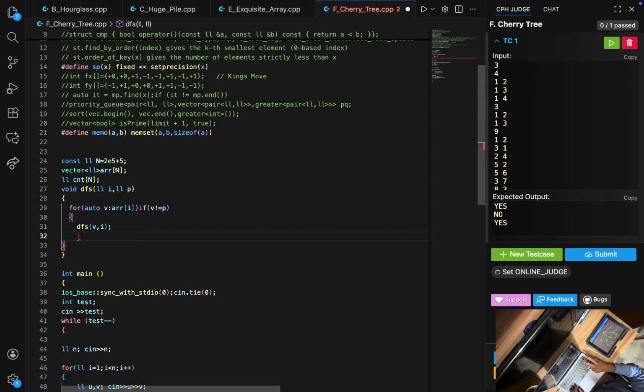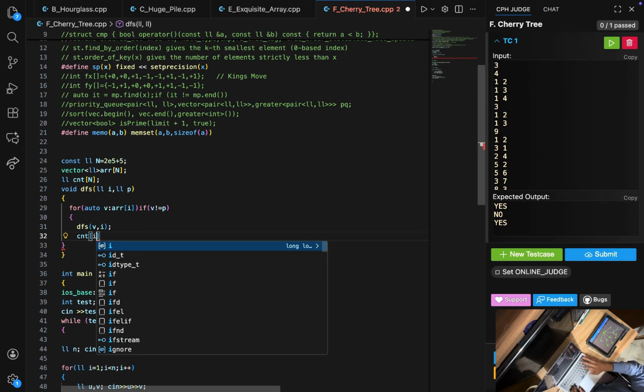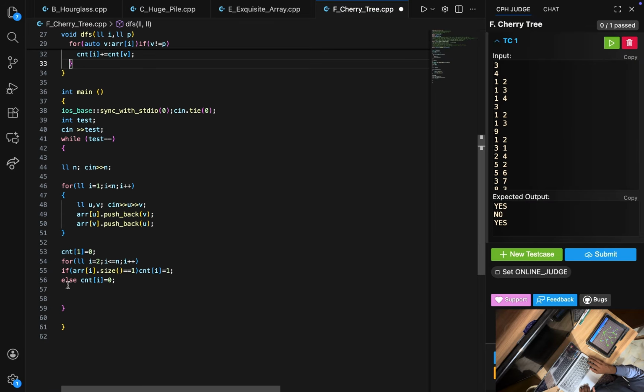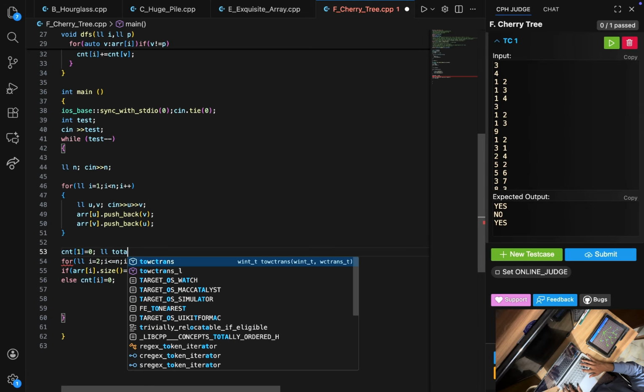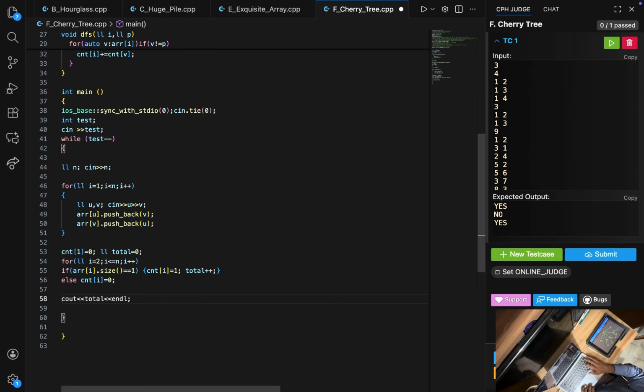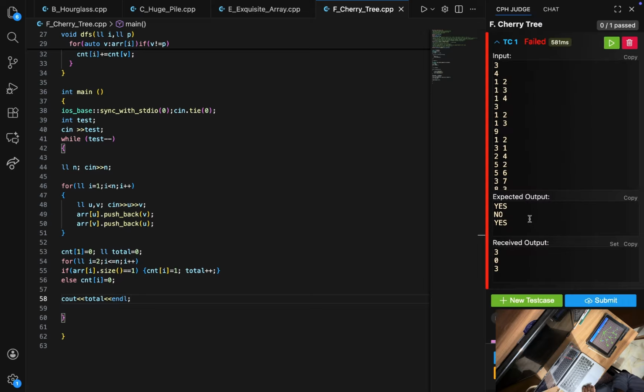If that happens, if dfs is something, then count i plus equals count v. Okay, so total number is 3, 0, 3.